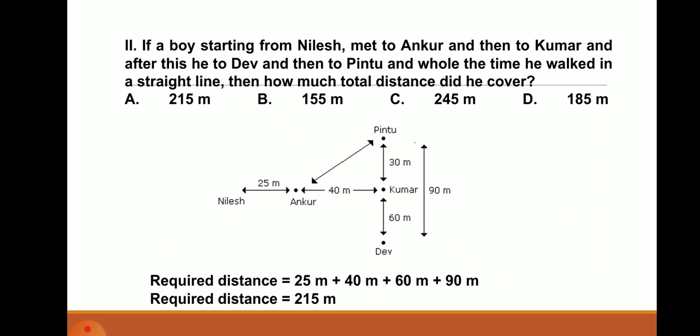Here in this question no minimum distance is asked, just how much total distance did he cover. So just do the summation of all distances he has traveled. So 25 plus 40 plus 60 plus 90, because from Kumar he has traveled to Dev first, that is 60 meter, and from Dev again to Pintu it will be 90 meter. So the total required distance will be 215 meter. So option A will be correct for this question.